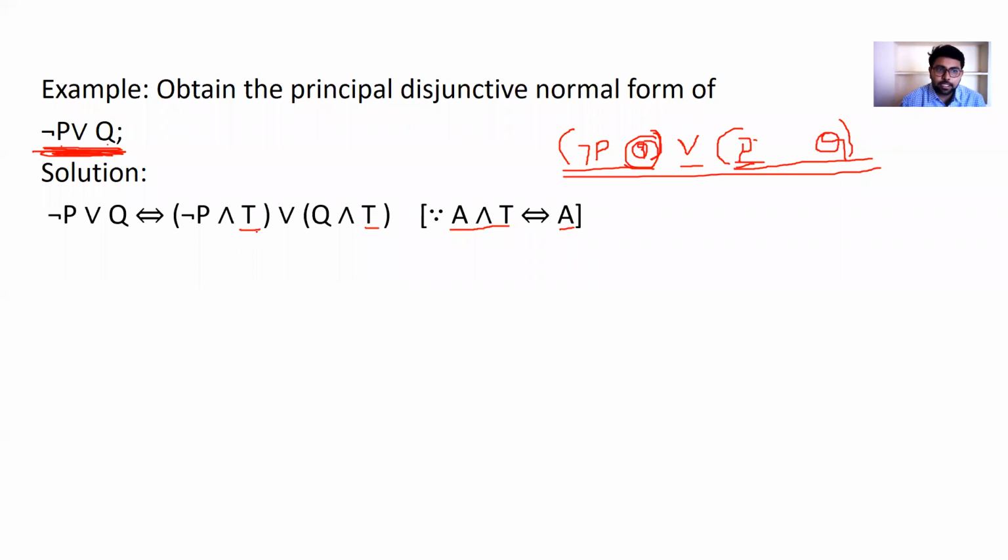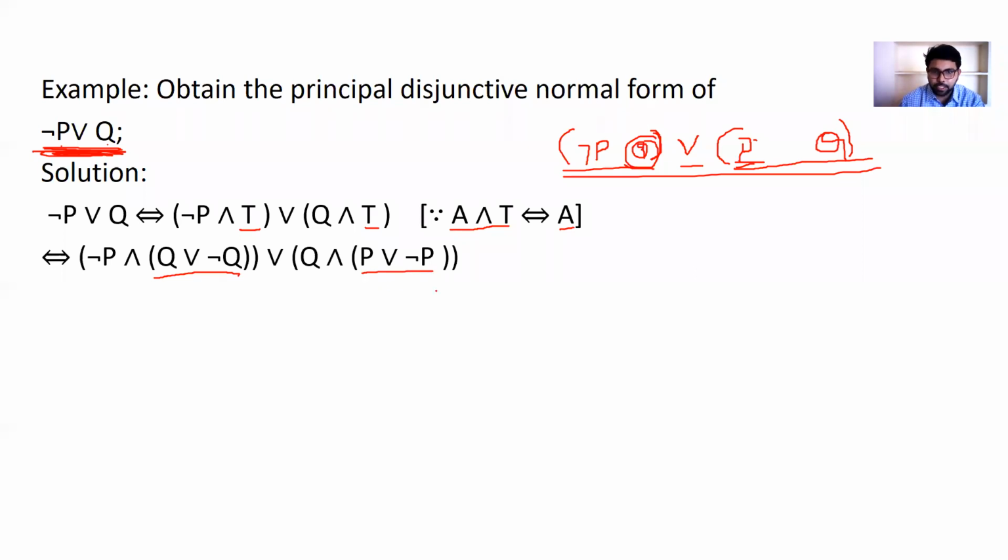So first of all, we need to get the missing terms. Next, in the place of true, I'm going to write the missing terms, like this. Q or negation Q, and in the place of true, the missing term is P, right?